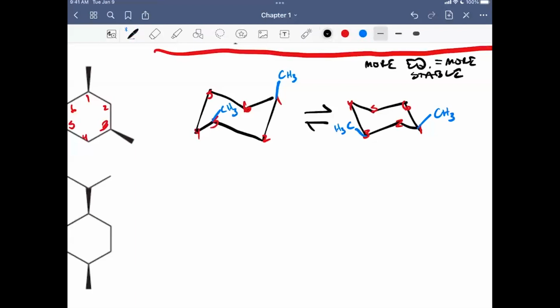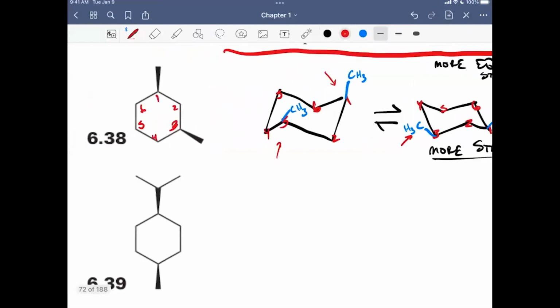So we have these two chair conformations. We want to look at which one has more equatorial positions. And I would say that this second one that we did the ring flip with is more stable, because this CH3 group is in an equatorial position and this other CH3 group is in an equatorial position, rather than the axial positions that these two are both in.